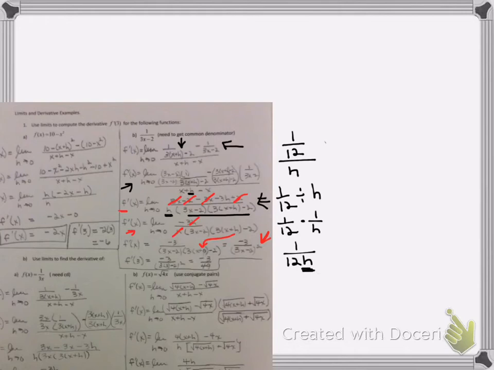They then ask me to evaluate this slope where x is 3. I plug in a 3 wherever I have an x, and I end up getting negative 3 over 49. Negative 3 over 49 is the slope of the tangent line drawn to the function 1 over 3x minus 2 at the x value of 3.